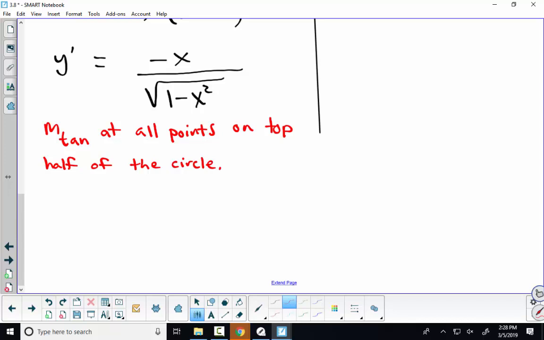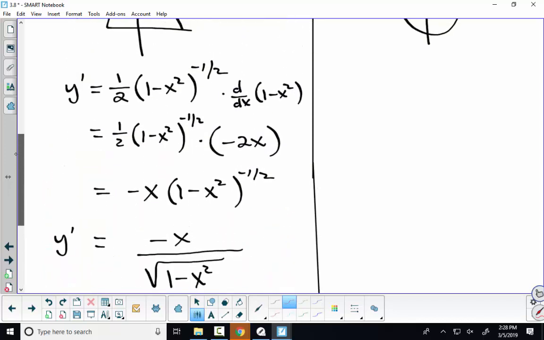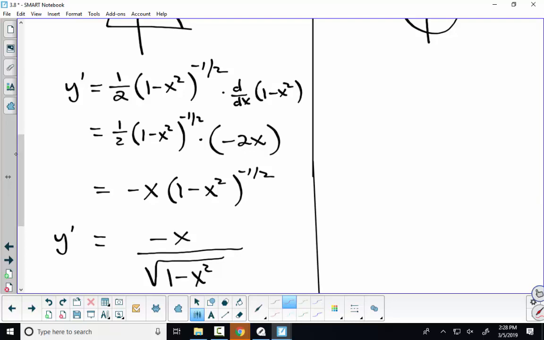Does that make sense on the top half of the circle? Notice our derivative is negative x over the square root. We know that the root is always positive, no matter what it is. But then we have the negative x.